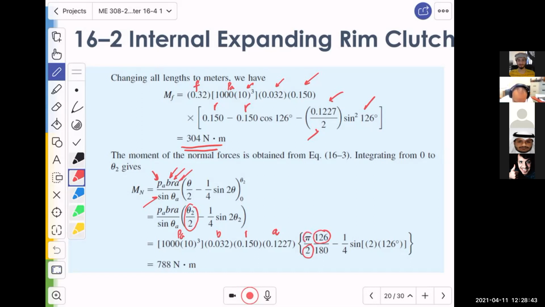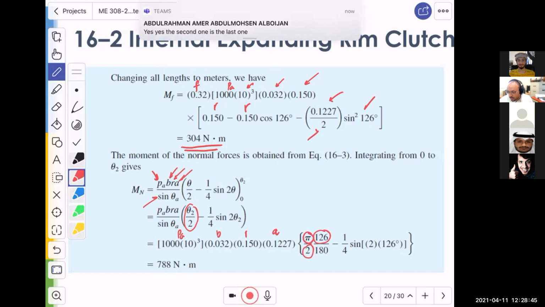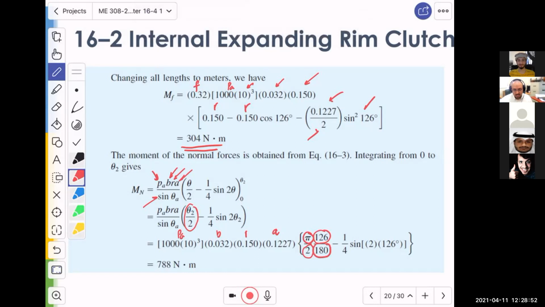So you need to multiply it by pi and then divide by 180. This could be a common mistake. But the rest is simple. You have 1 over 4 over here, and then sine 2 multiplied by 126. How much did we get? We got 788 Newton meter. This is the moment.